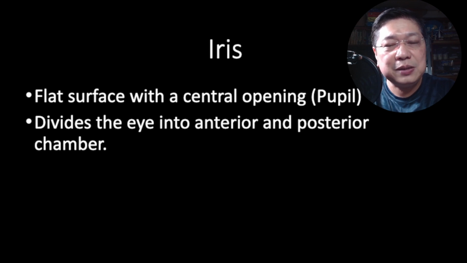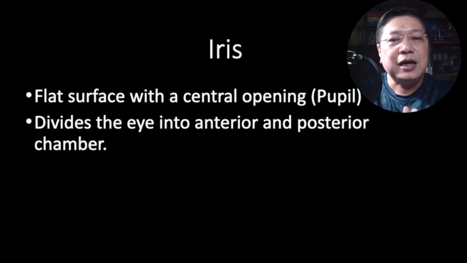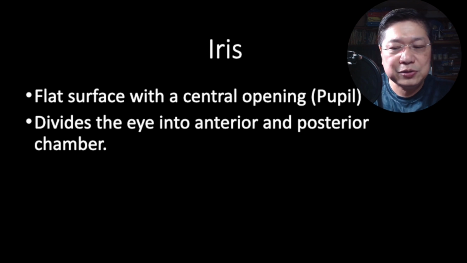And the posterior chamber is described as the iris and everything behind it going towards the retina. Sometimes they just say it's up to the lens, and they call the retina the posterior pole. So it depends on what the speaker is actually intending to say.